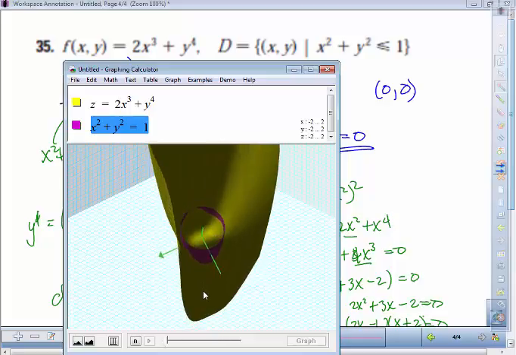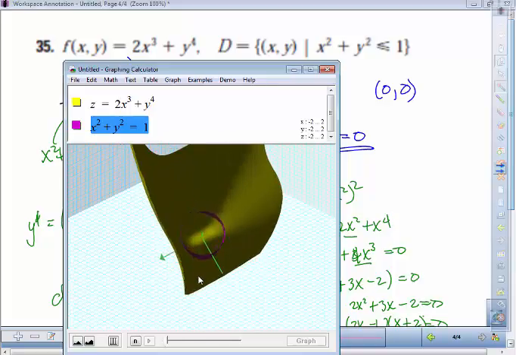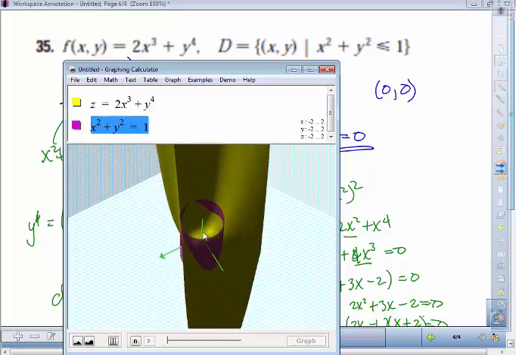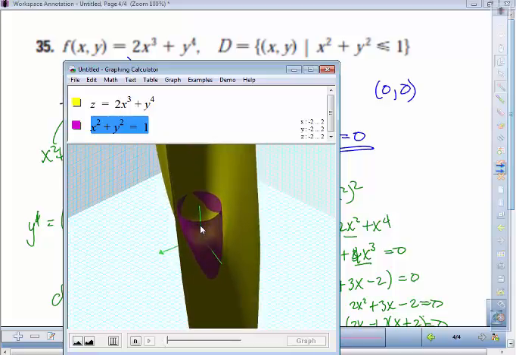And there's that little dip in the origin that gave us probably a local max or a min, or maybe even a saddle point. But within this whole enclosed boundary, our local max and min is obtained a little bit differently.